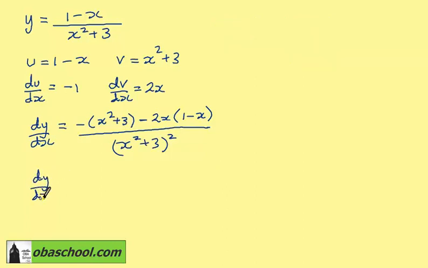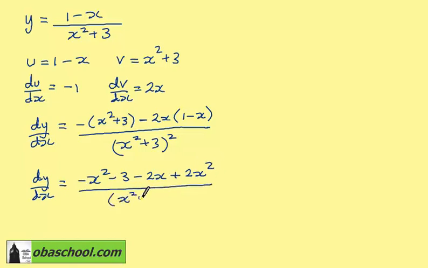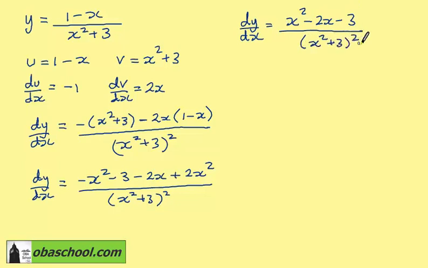So dy/dx is equal to minus x squared take 3, take away 2x plus 2x squared, all over (x squared plus 3) squared. Tidying this up, we get dy/dx is (x squared minus 2x minus 3) over (x squared plus 3) all squared.